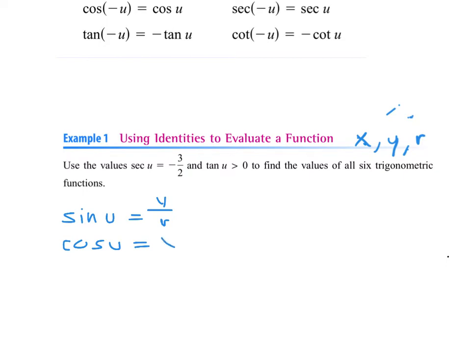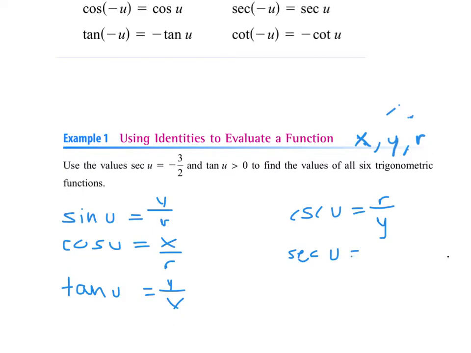X over r. What's tangent? Y over x. What is cosecant? R over y. Awesome. Secant? R over x. And cotangent? X over y.